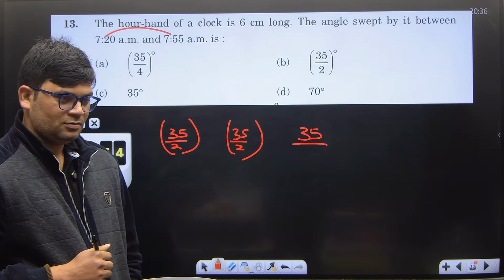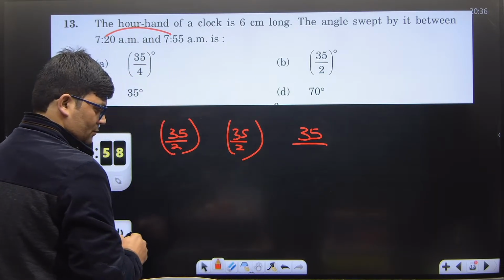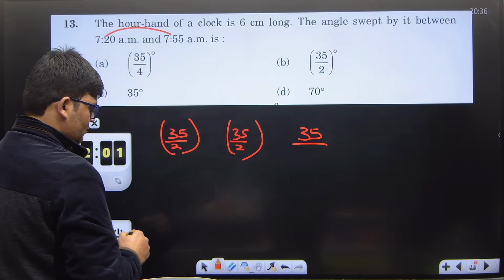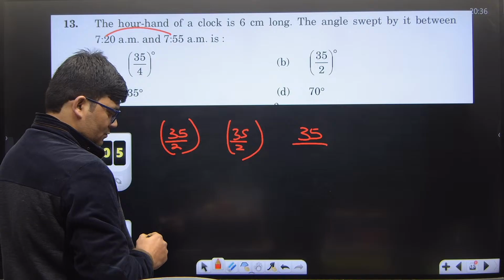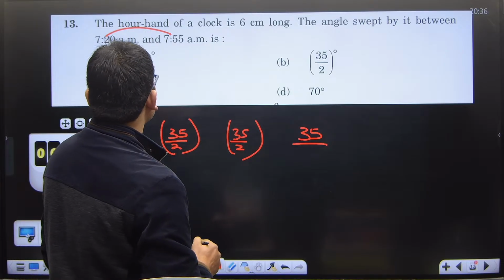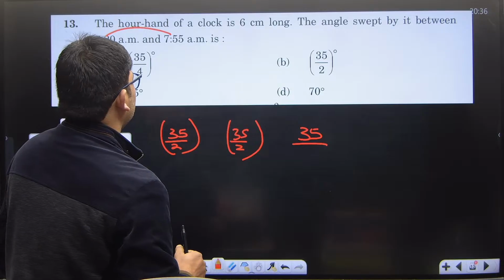360 degrees होते हैं 12 hours में. Okay. तो 30 degrees will be covered in 1 hour and 0.5 degrees per minute. So 0.5 into 35 equals 17.5. Okay. 17.5 equals 35 by 2.